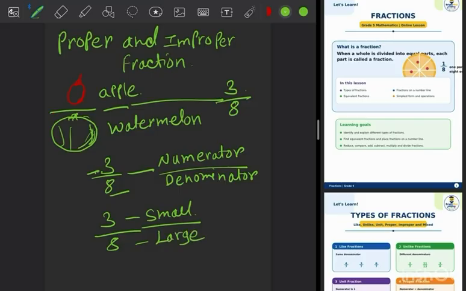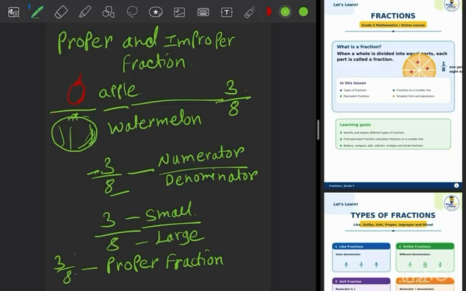So it means 3 by 8 is a proper fraction. Why is it a proper fraction? Because it is proper for the large number to hold up the small number.